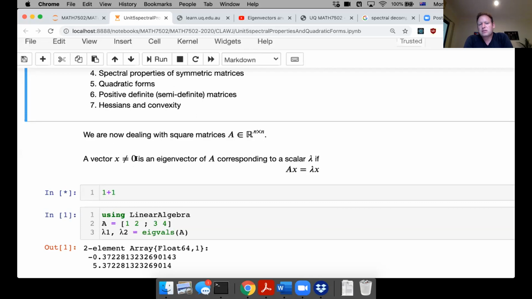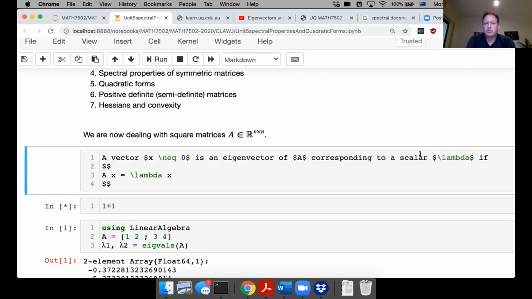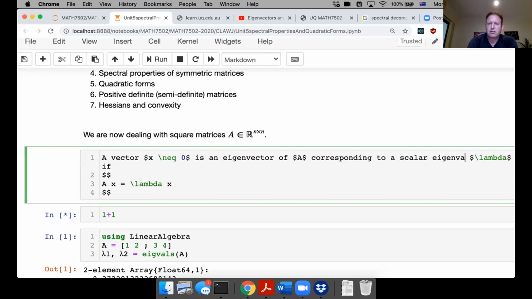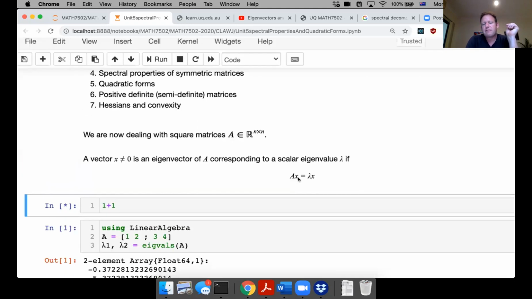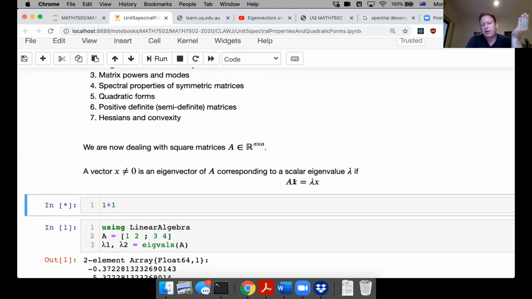And you'll call this an eigenvector with a corresponding scalar eigenvalue lambda, if the matrix operating on the vector is like the scalar operating on the vector. So that's what an eigenvector eigenvalue pair is.